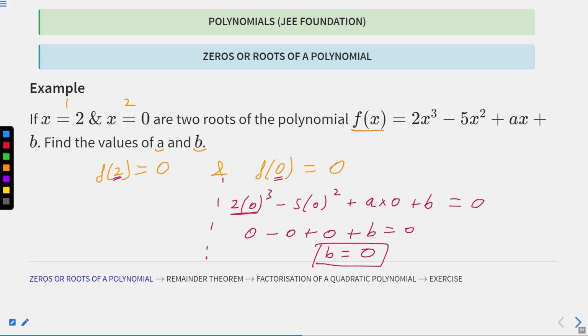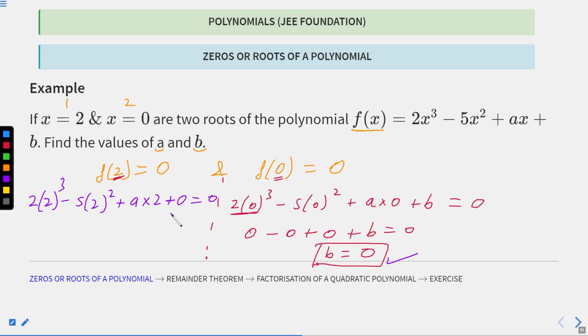So now the value for b is 0. Let's do it for this. For this, f(2) will be 2 times 2 cube minus 5 times 2 square plus a times 2 plus b equals 0. We know the value for b, which is 0.